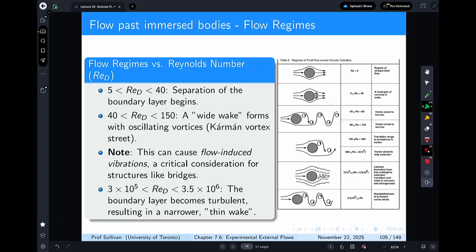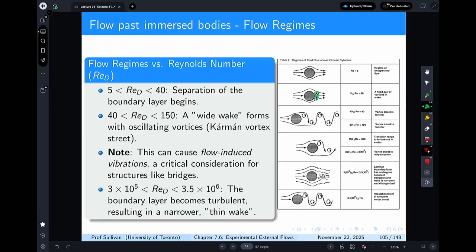As you increase your Reynolds number from 5 to 40, you start to have a small recirculation zone. The flow stays attached, but in the rear of the sphere, you have a small zone where you have flow that is being separated and doesn't change much, but it stays in place.